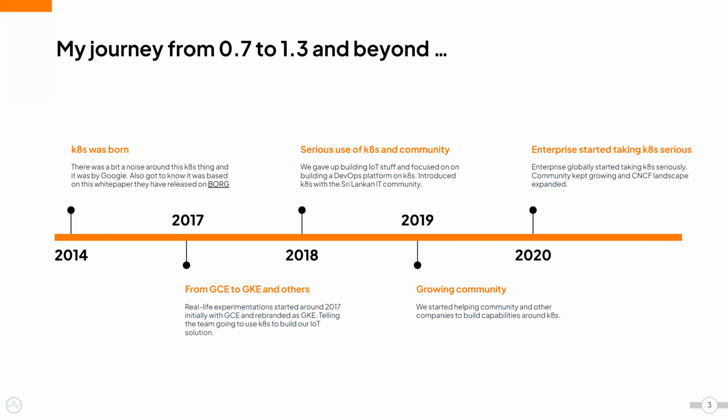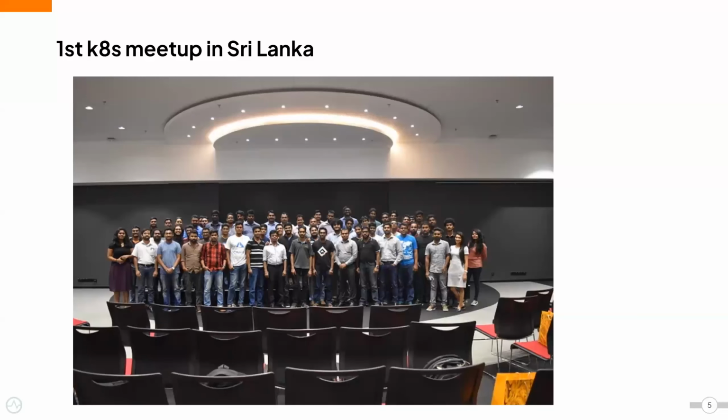And this was the very first meetup in Sri Lanka in 2018. I didn't have the photos, so Brendan actually did the keynote speech. He didn't come to Sri Lanka, unfortunately. One of the members here, George, whom most of you know, from Microsoft, introduced some details about when they started looking at it and why they made it open source.